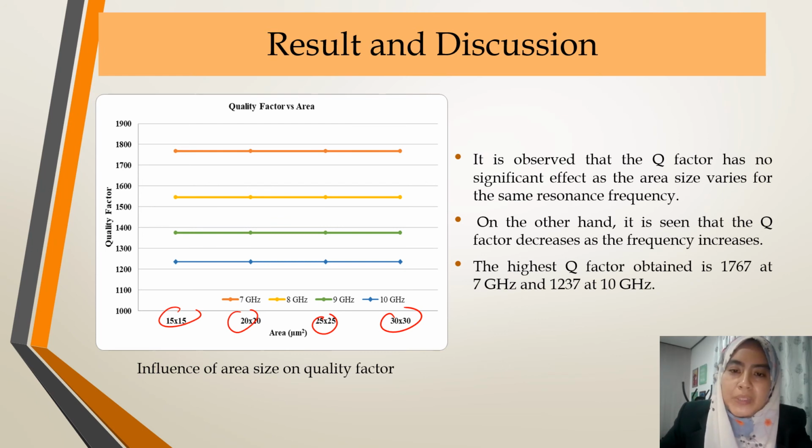But what we can see here as well is that as the frequency gets higher, the Q factor decreases. This is true as well if you refer to equation 6 given in the paper. The highest Q factor obtained at 7 gigahertz is 1767 and 1237 at 10 gigahertz.